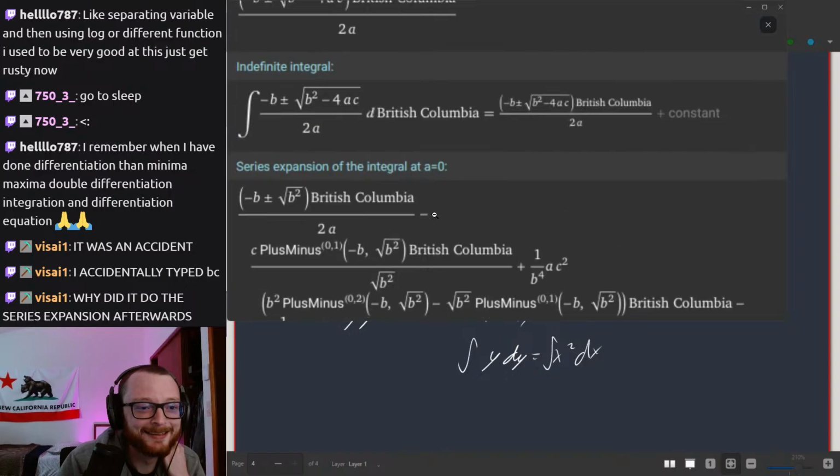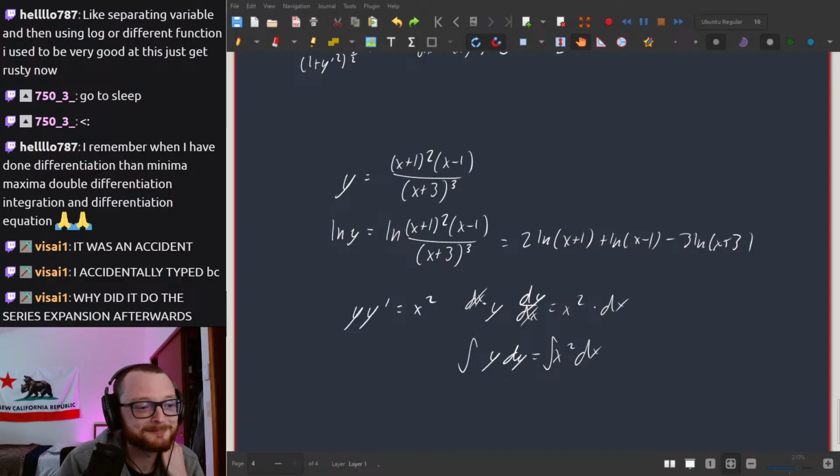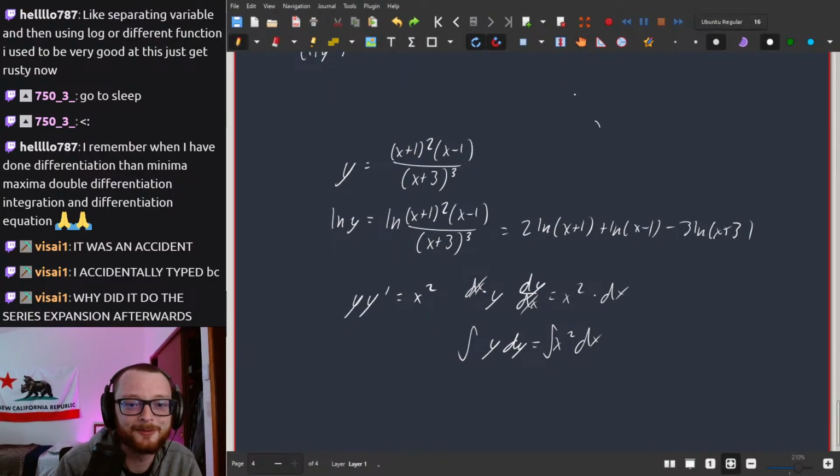Oh my god, British Columbia. That's a hell of a variable. How is British Columbia shaped? It'd be funny to just draw the shape of British Columbia and use that as a variable.